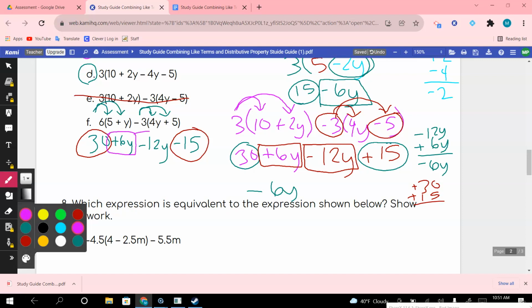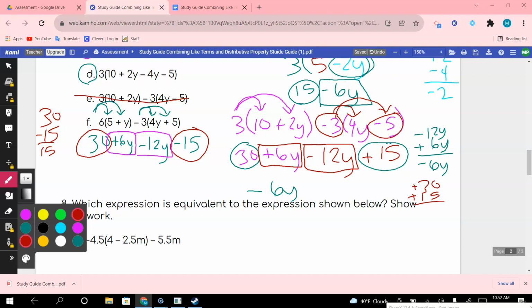Positive 6y and negative 12y, we would subtract because they have different signs. So we have positive 30, positive negative 15, so we're subtracting. We get 15, positive though.